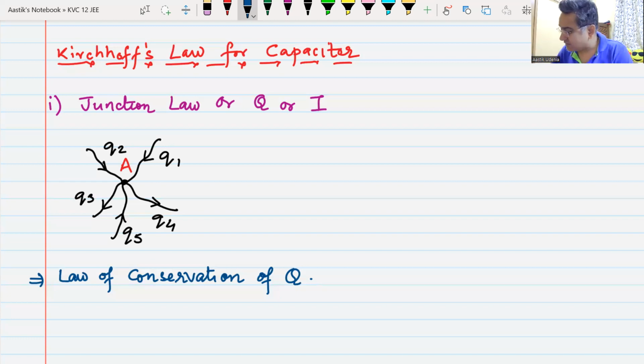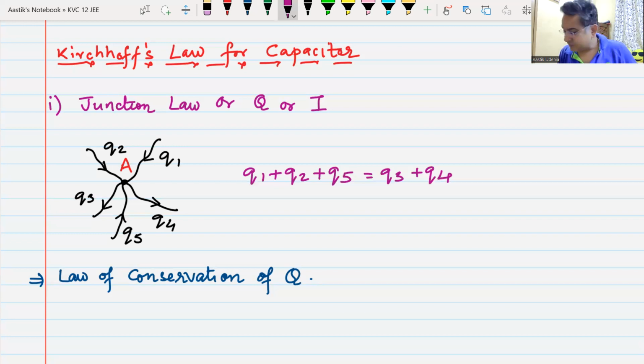What are the incoming charges here? Q1 plus Q2 plus Q5 will be equal to Q3 plus Q4.